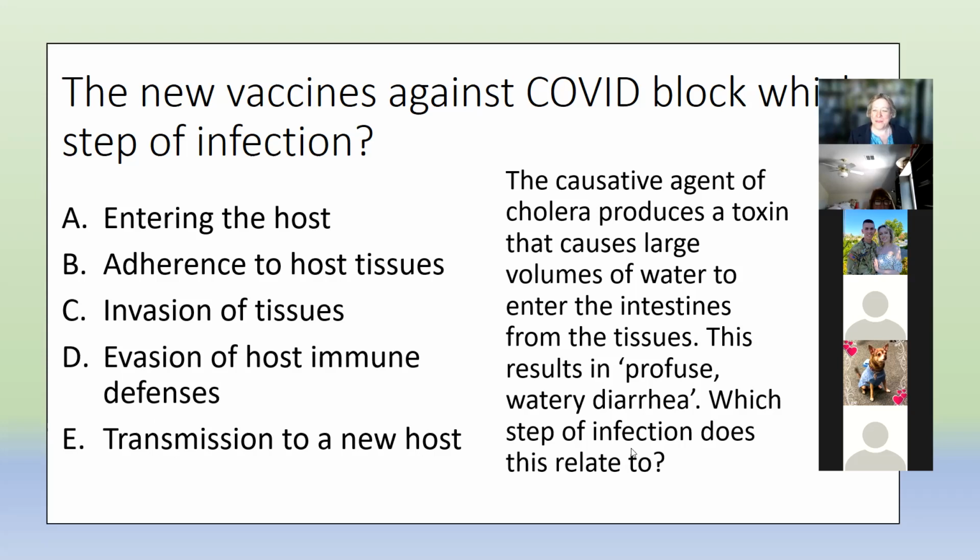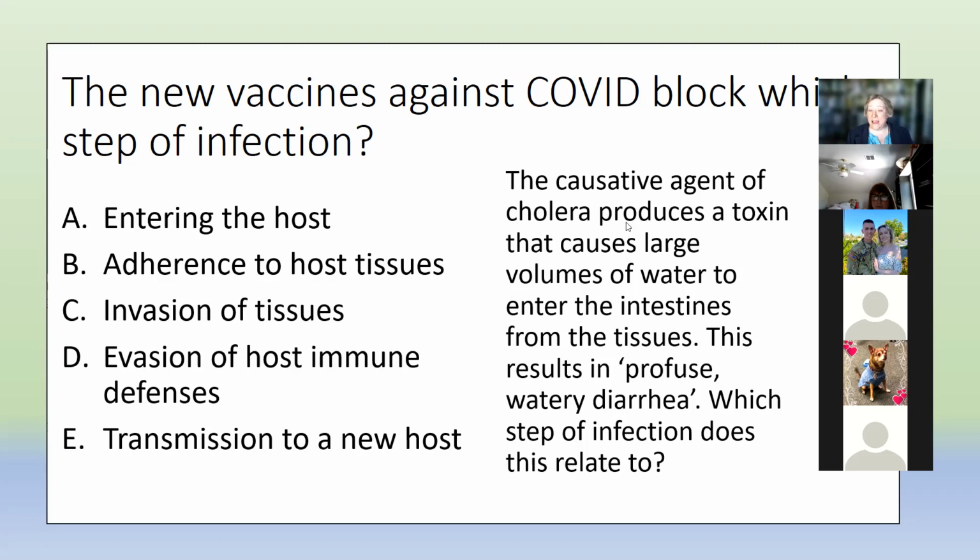Yeah, I have a question. Sure. The question for this slide is, it causes it to enter the intestines from the tissues, so to me, that would be invasion, but from the toxin that entered the body. Right, right.